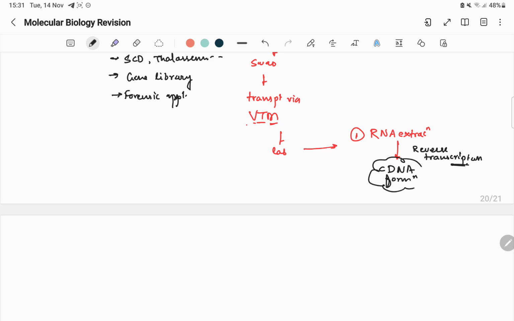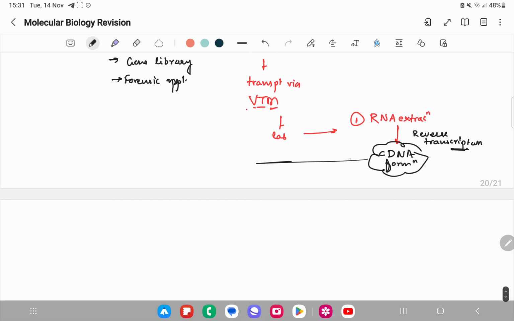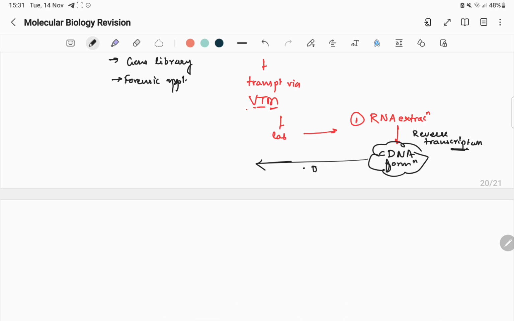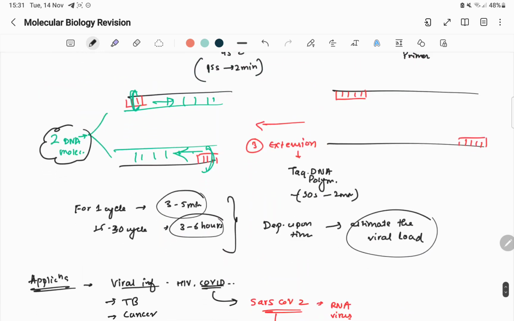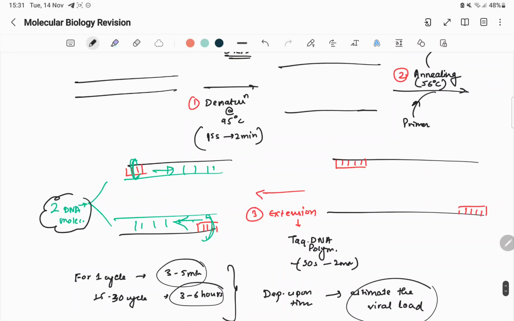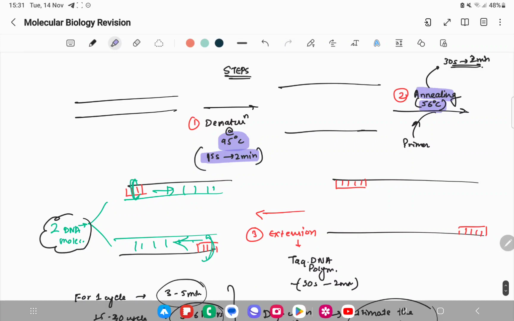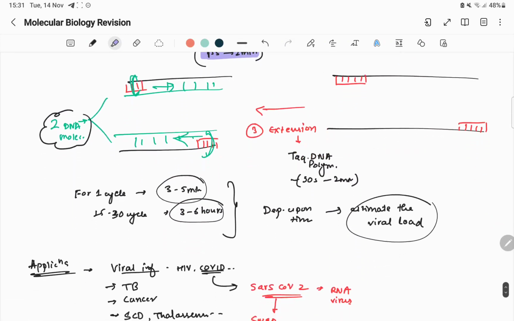The cDNA is formed, and on this cDNA 3 steps are done: denaturation, annealing, and extension. Denaturation at 95 degrees Celsius, 15 seconds to 2 minutes, annealing at 56, 30 seconds to 2 minutes, and extension, I have not mentioned the temperature, it is 72 degrees Celsius.